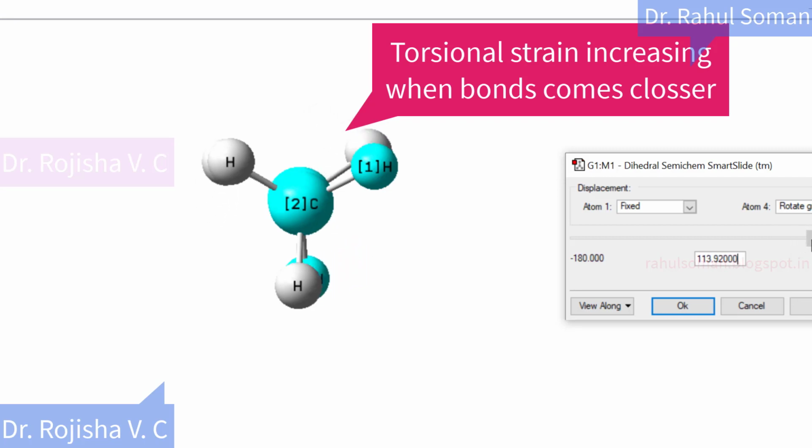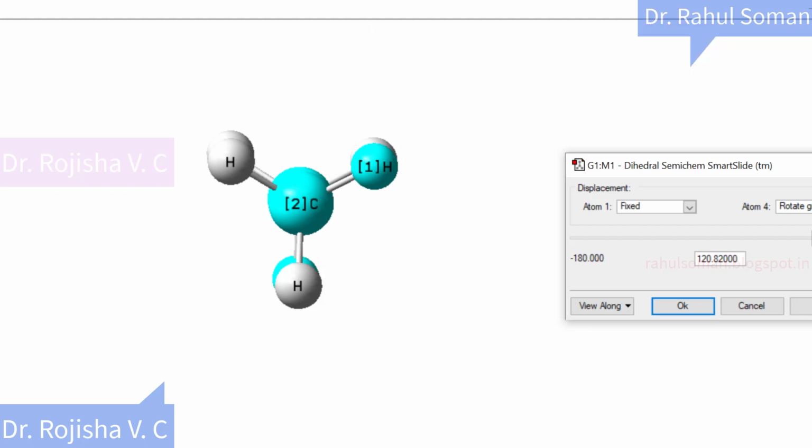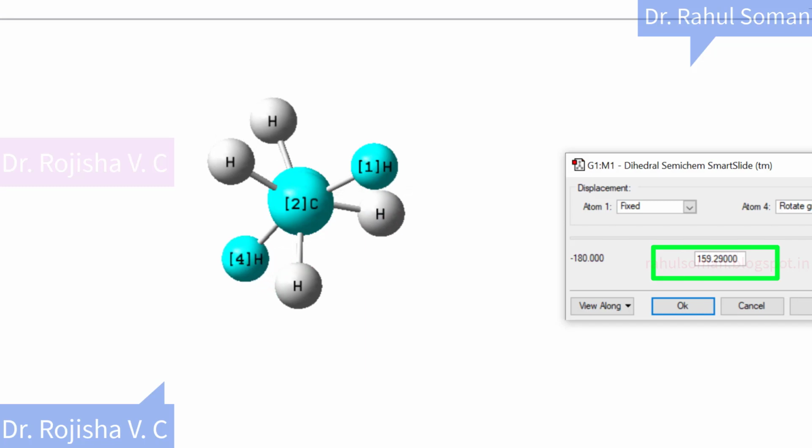So between eclipsed and staggered, in the eclipsed form we have bond pair repulsion, and the torsional energy needed to go from the eclipsed conformer to the staggered conformer is around 3 kilocalorie per mole.